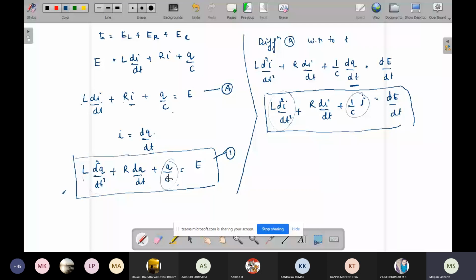Electromotive force will be given to you, so simply write and solve this differential equation and you will get the solution of Q. And if you need to find the current, then use this differential equation. The change is here it is simply E, and here it is dE by dt. The whole equation is the same in terms of Q and I, and even the coefficients are the same. The change is that here it is simply E and here it is the derivative of E. So you can conclude the sub cases.